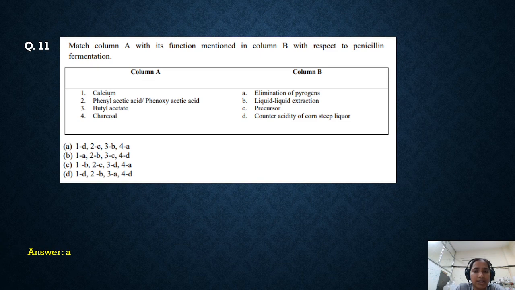First is calcium, second is phenylacetic acid or phenoxyacetic acid, third is butyl acetate, and the fourth option is charcoal. In column B, the options are elimination of pyrogens, liquid extraction, precursors, and D is counter acidity of corn steep liquor.